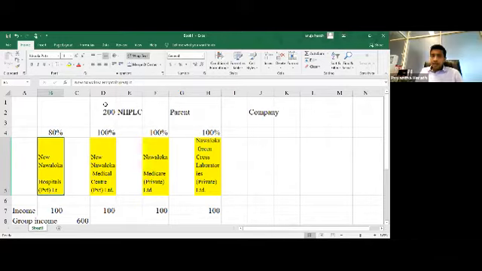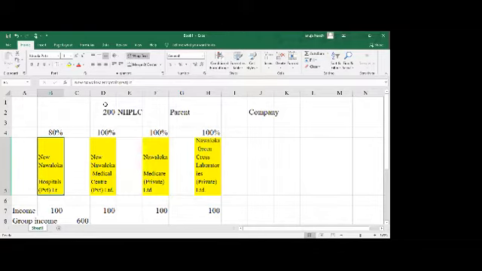Let's say the parent owns only 80% of New Navaloka Hospital Private Limited, the first company; their shareholding is not 100%, it is 80%. So when you do the consolidation, do we need to take 80% of its income, or do we need to take 100%? 80%.